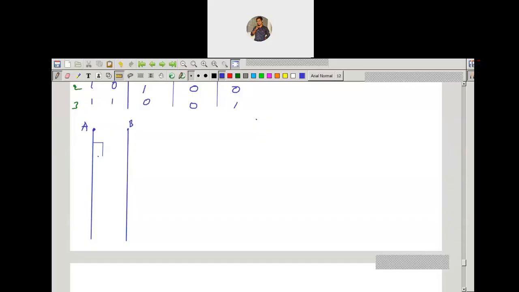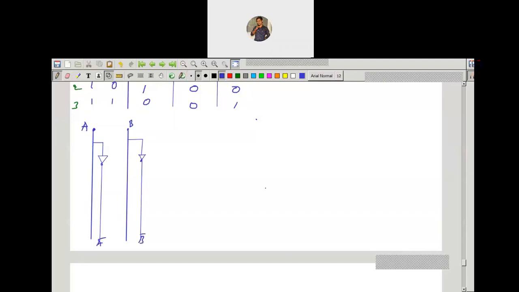So let me take NOT gates to get the A bar line and the B bar line.